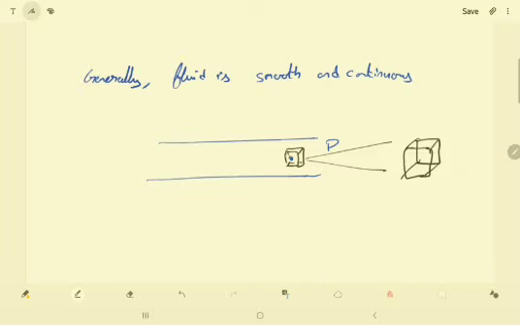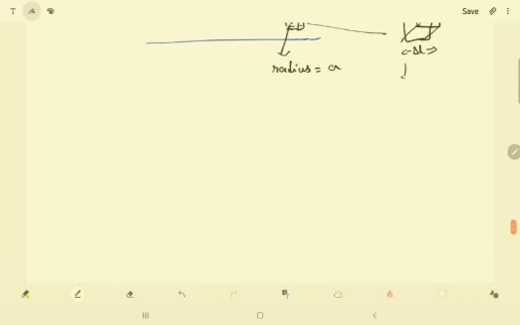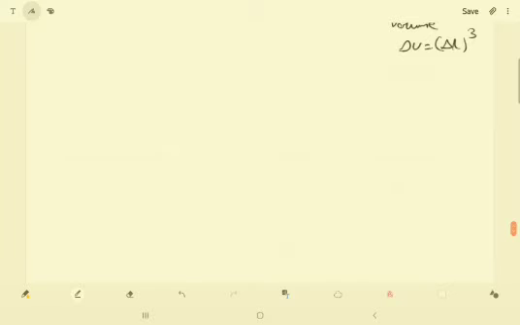Its length may be delta L, let us assume this, and the point mass radius is small a. Then this volume del V equals del L whole cube. Now as we know, delta V is very small.